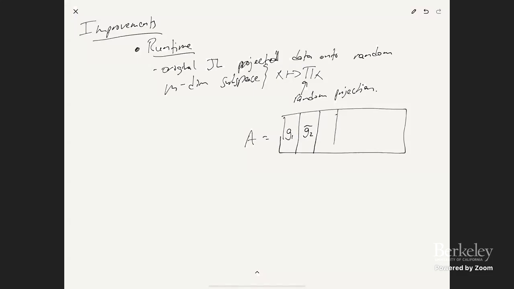And then similarly, I get G3. I remove the projections onto the span of the previous vectors, G1 and G2, and then I normalize it, etc. So basically, I just pick a Gaussian matrix and do Gram-Schmidt. And then the projection pi is then A A transpose. That's my projection onto a random subspace.